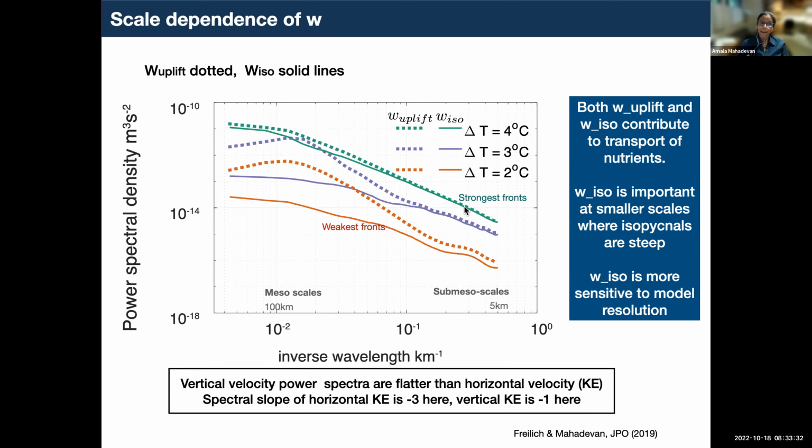Is it isopycnal uplift or is it along isopycnal transport that really affects biology? And what this tells us is that we are missing in coarse resolution models this part, and this part, it's the along isopycnal velocities which are more sensitive to resolution. Okay, and you can see that when we compare the coarse and the fine resolution models.